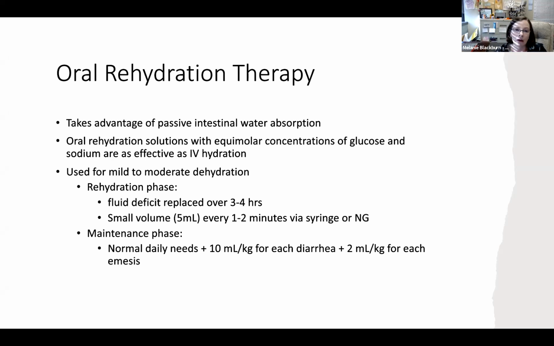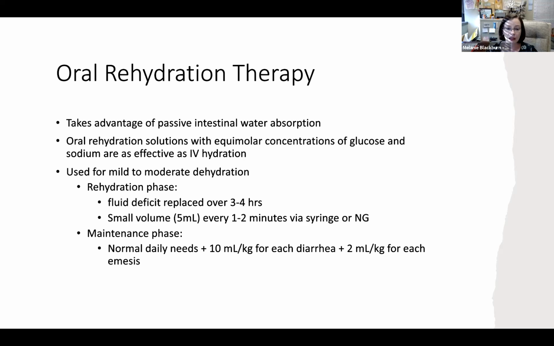So you can use oral rehydration therapy for both mild and moderate dehydration, obviously not for severe, for repletion. If patients are mild to moderately dehydrated, then for the rehydration phase, or the repletion phase, you're going to want to replace their fluid deficit over a 3 to 4 hour time frame.